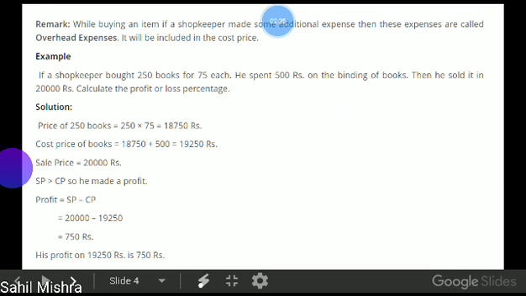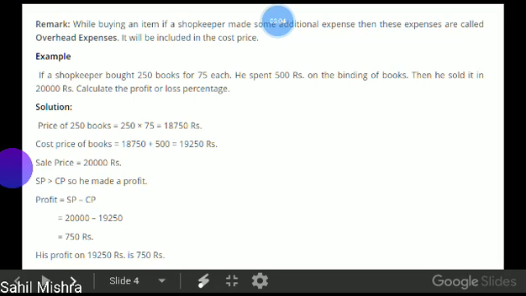Now, a remark: while buying an item, if a shopkeeper makes some additional expenses, these expenses are called overhead expenses. They will be included in the cost price. For example, if a buyer has to transport the product from one place to another, the transportation cost is added to the cost price.